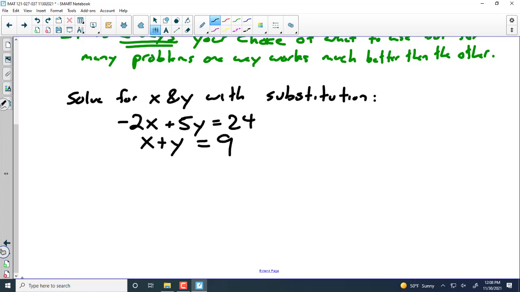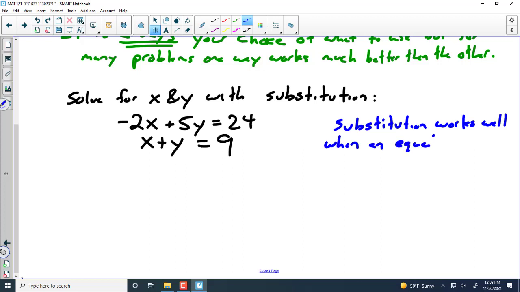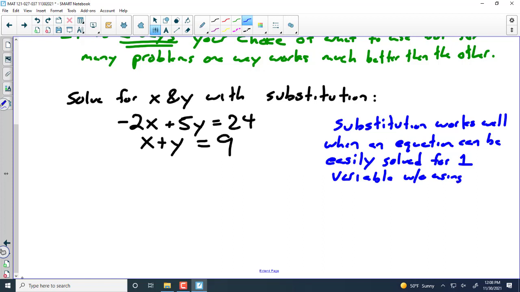Solve for x and y with substitution. Substitution works well when an equation can be easily solved for one variable without using fractions.